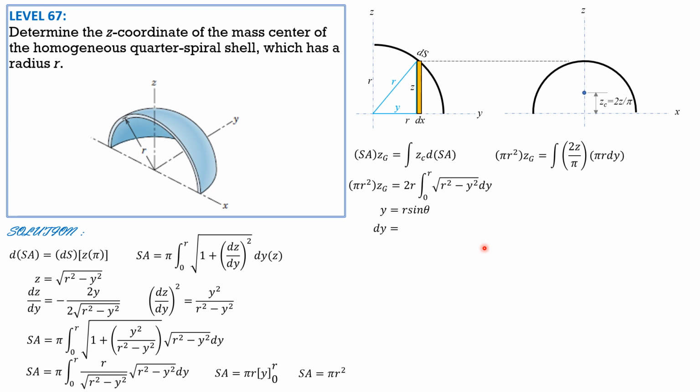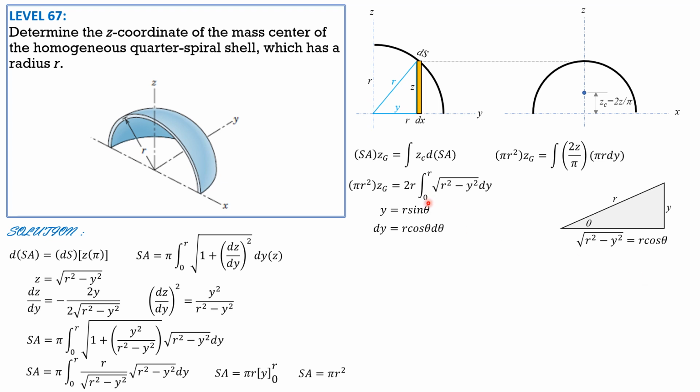So that means dy is r cosine theta d theta. So let's define this in a right triangle. If this is theta, sine theta is opposite y over hypotenuse r. And therefore this adjacent side is square root of r square minus y square, which in terms of r and theta is r cosine theta. So square root of r square minus y square is r cosine theta.